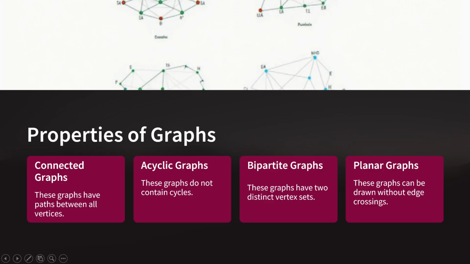This is perfect for modeling relationships between two different types of things, like job applicants and open positions. A planar graph is one that can be drawn on a plane without any of its edges crossing. This is important in circuit board design and map making, where avoiding crossings is often essential.